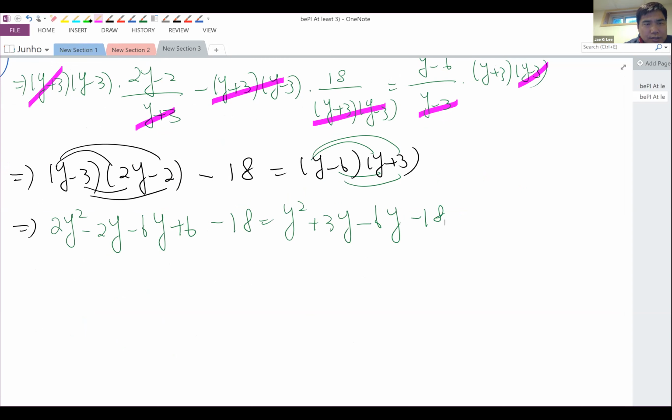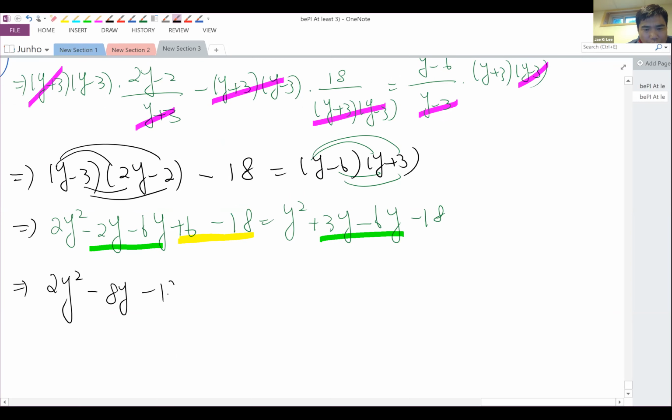So I can see those two are like terms and these two are like terms, and then these two like terms. Okay. Simplify, then 2y squared minus 8y minus 12 equal to y squared minus 3y minus 18.